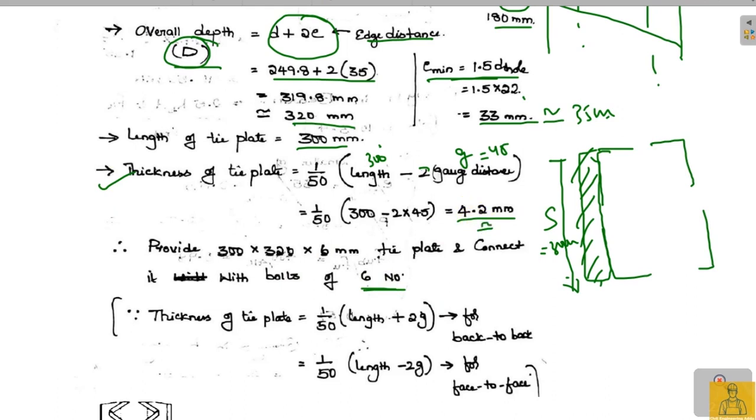And the other thing is you have to connect this tie plate with the built-up section, right? So in this lacing system, when I'm using this lacing plate, use 6 on each side, right? So connect the tie plate with bolts, 6 in number.